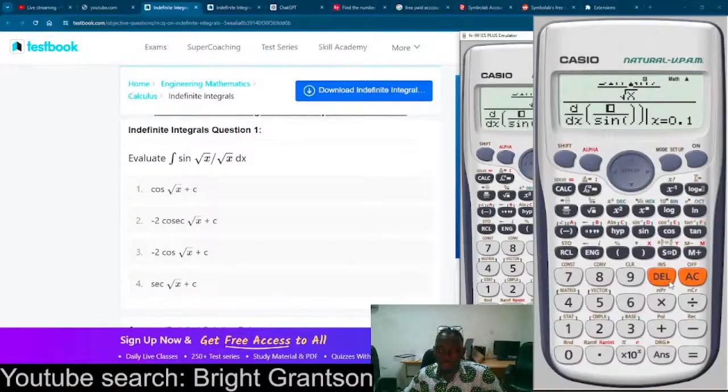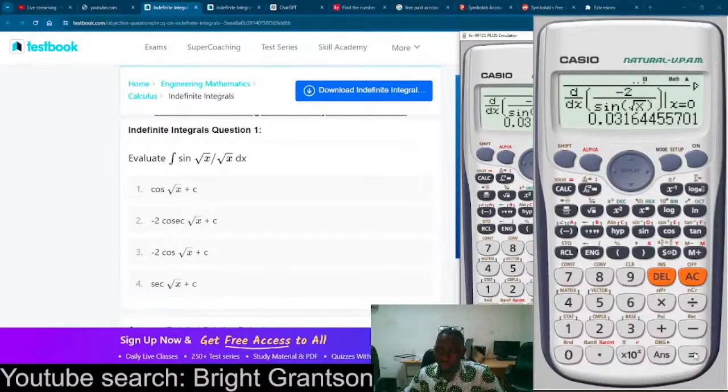So -2. We are trying the second option. Let me delete this one. -2 root x, sine root x, and still maintain 0.1, 0.1. It's giving me 0.3. So this answer is also wrong.